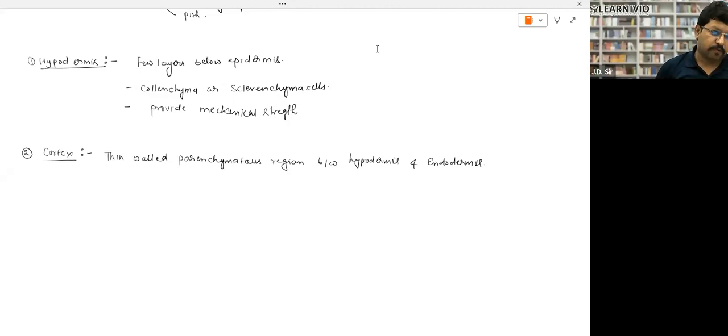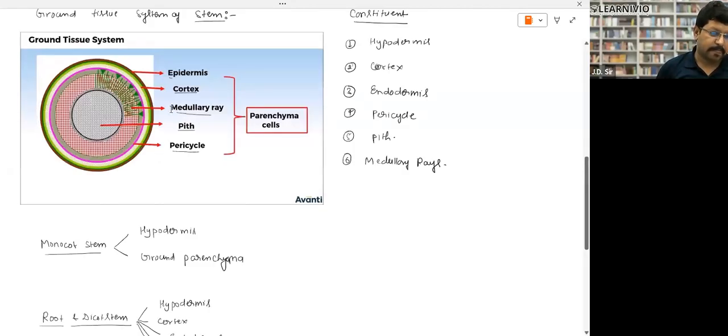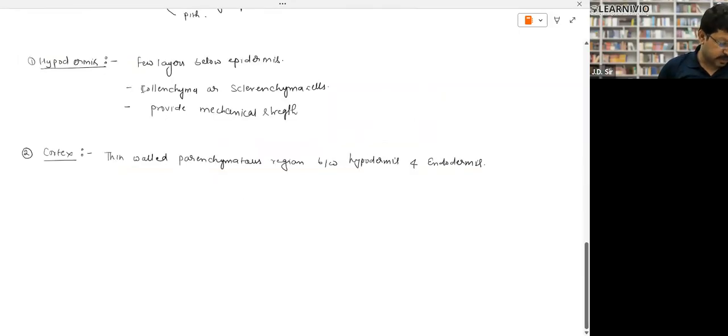Look, this region is called cortex. It is found between the hypodermis and endodermis, and it is made up of parenchymatous cells. Next point: it stores food and has some other functions.